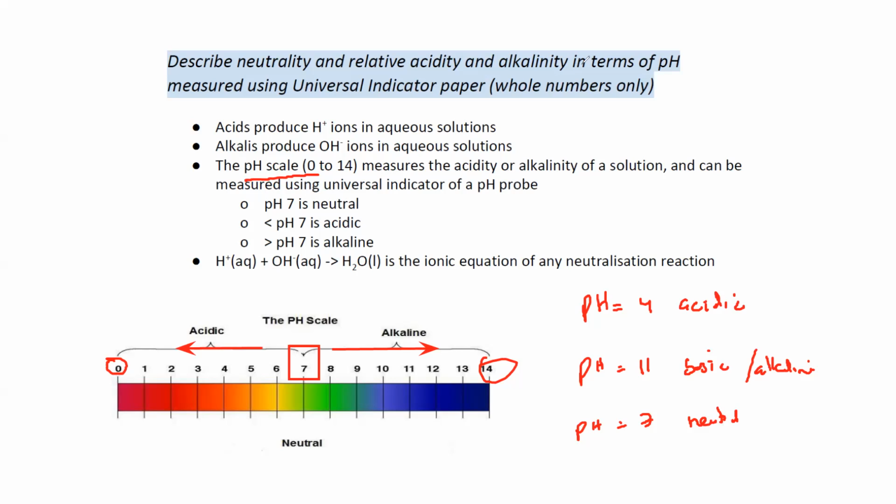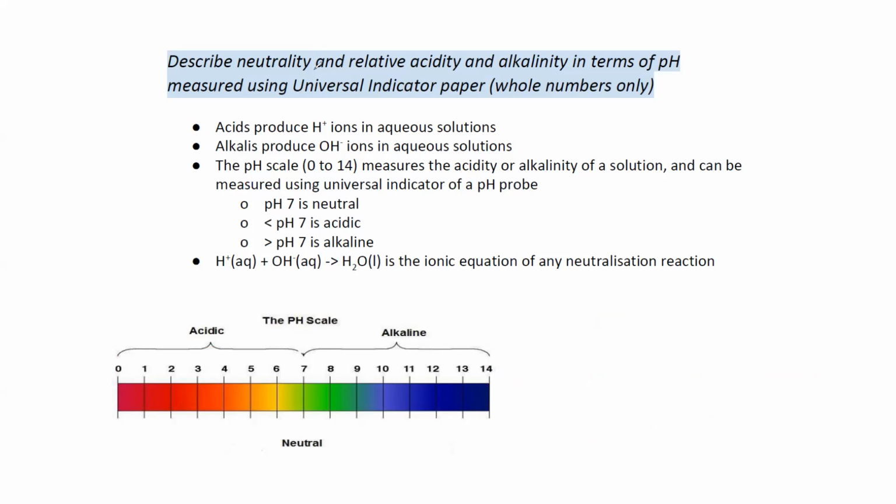And when we have a strong acid, it has a lower pH. For example, pH 1, 2, these are the strong acids. pH 3 to pH 6, these are acids but weak acids. And 12 to 14 refers to strong base.